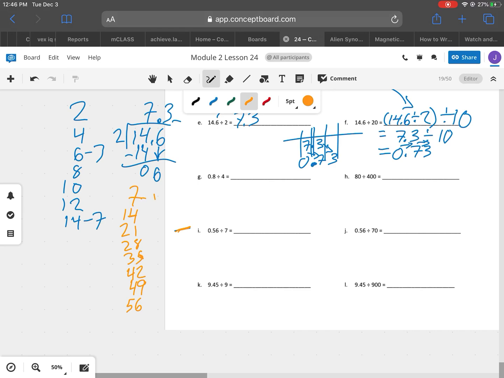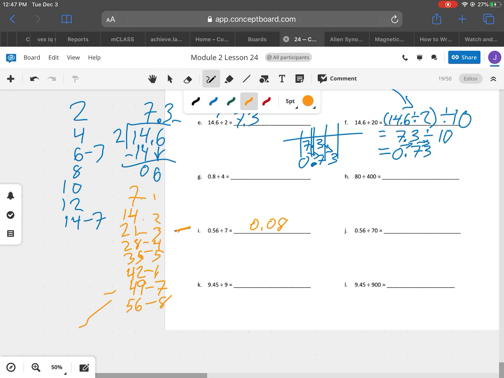I get to 56, and that's my 1, 2, 3, 4, 5, 6, 7, 8. So my answer is going to be 8, but it's going to be 8 hundredths.